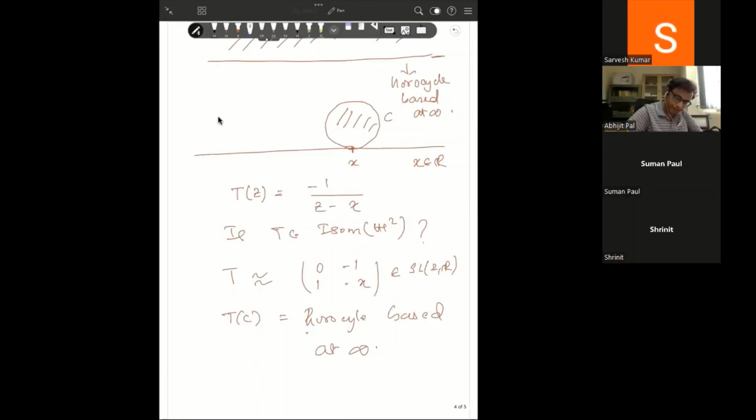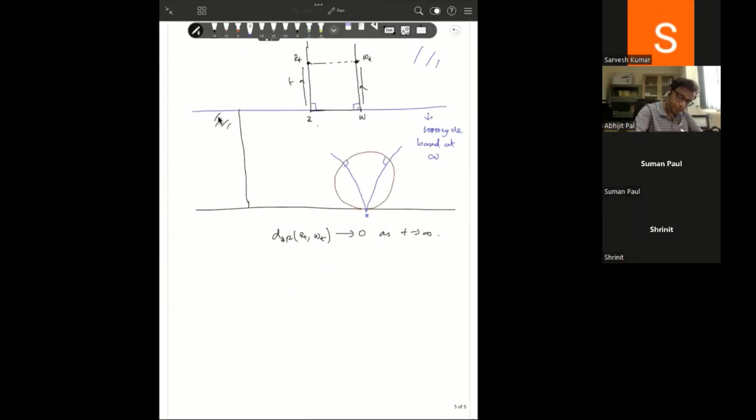I have defined this T map here, so you can just put T inverse here. The image of these vertical lines will be something like this, all these blue geodesics. These are infinite geodesics, asymptotic to each other. Any doubt?